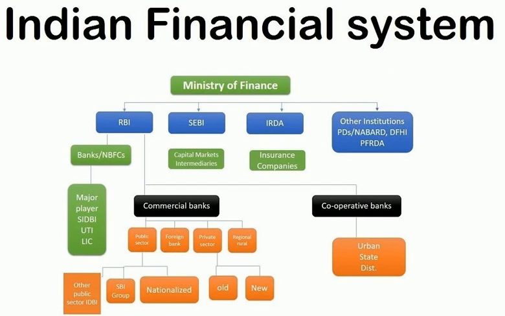Second is the role as a facilitator. As I explained earlier in the characteristics of the financial system, it is a link between savers and borrowers, so ultimately it is the role of a facilitator. Third is the role as a risk bearer. Risk means chance of loss.